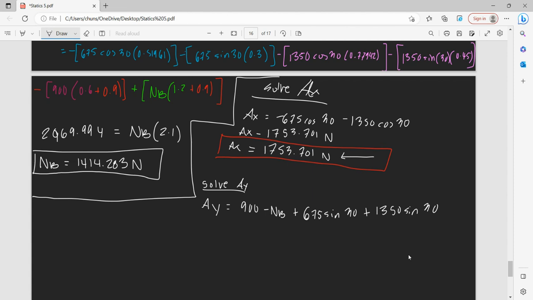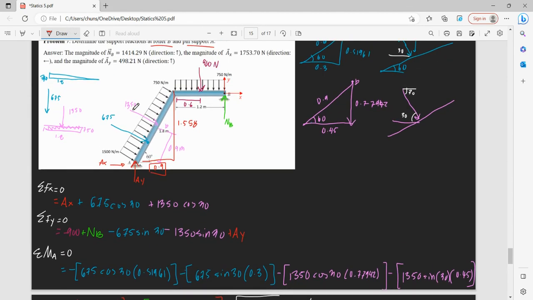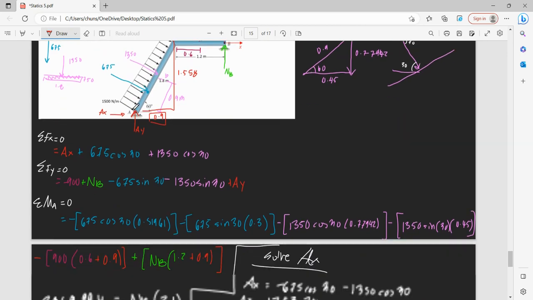That's 900 minus our solved NB plus 675 sine 30 plus 1350 sine 30. And this gives us AY equal to 498.217 in our positive direction. So that means our assumed direction was correct from the start. And there are the three values that we just solved for. All right, and those are correct according to our answer key, so we are good.